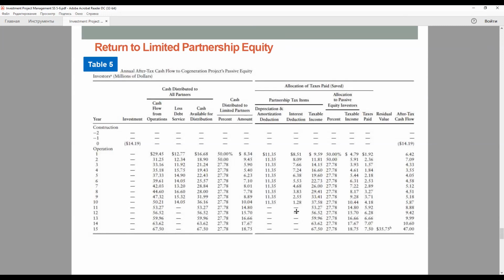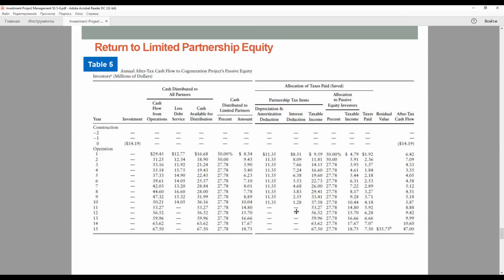And in this table, we can see the details of the calculation of annual after-tax returns to the passive equity investors. The expected rate of return is calculated as the internal rate of return of the after-tax cash flow stream.